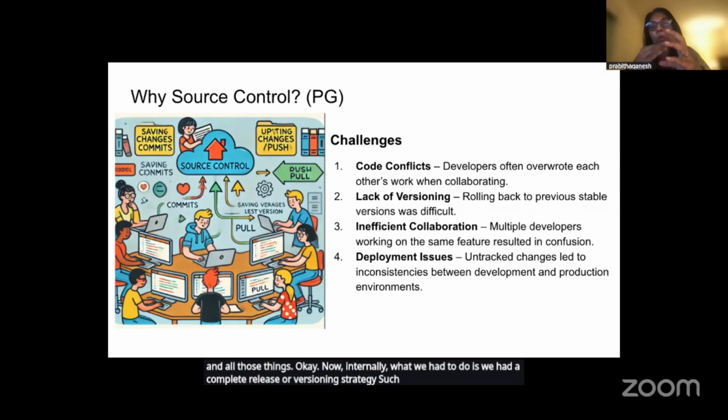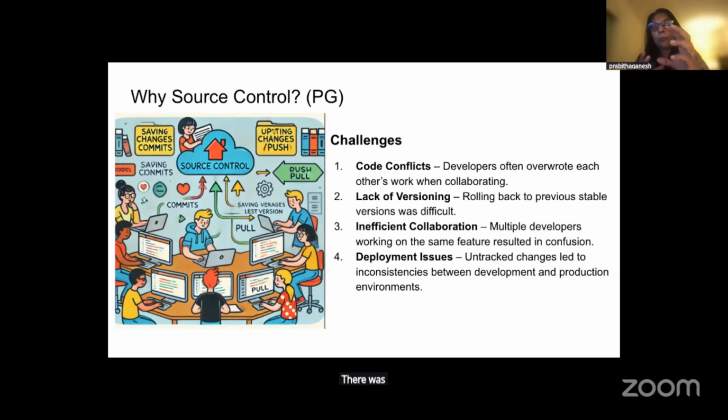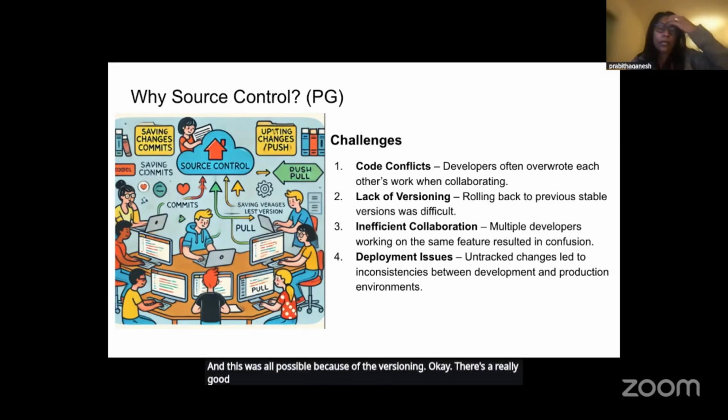Internally, we had a complete release and versioning strategy such that there was no overwriting from each other. Good code best practices were followed in each of those modules. And this was all possible because of the versioning.